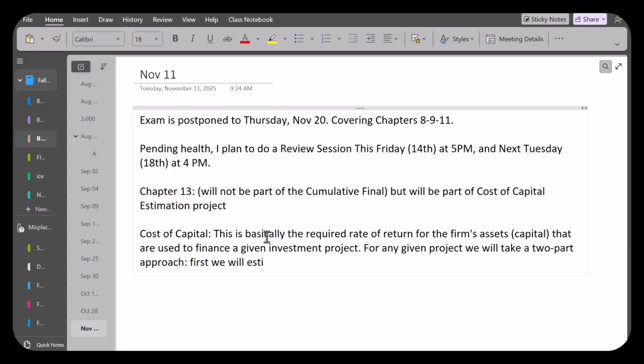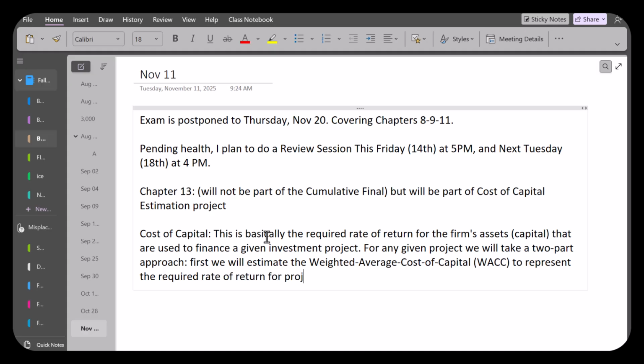First, we will estimate the so-called weighted average cost of capital, and we're going to abbreviate that to WACC, to represent the required rate of return for projects that have the same risk as the current business of the firm.